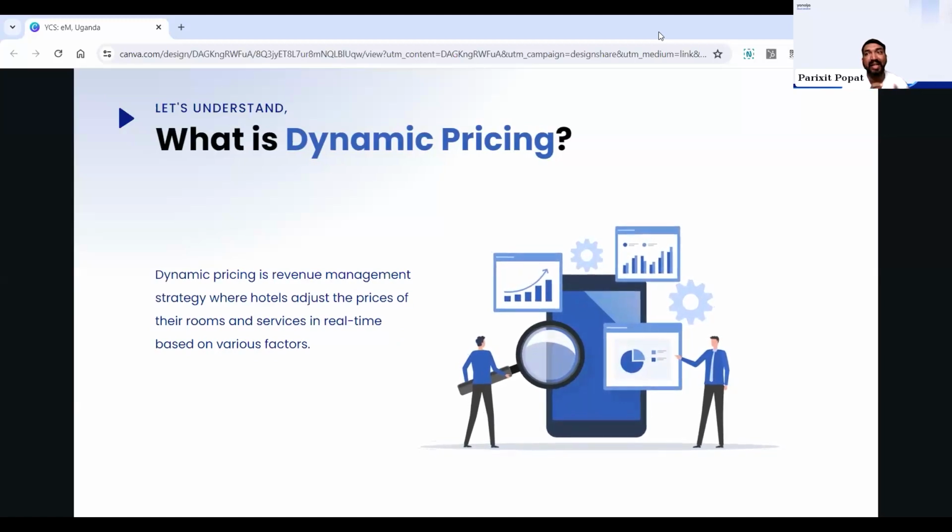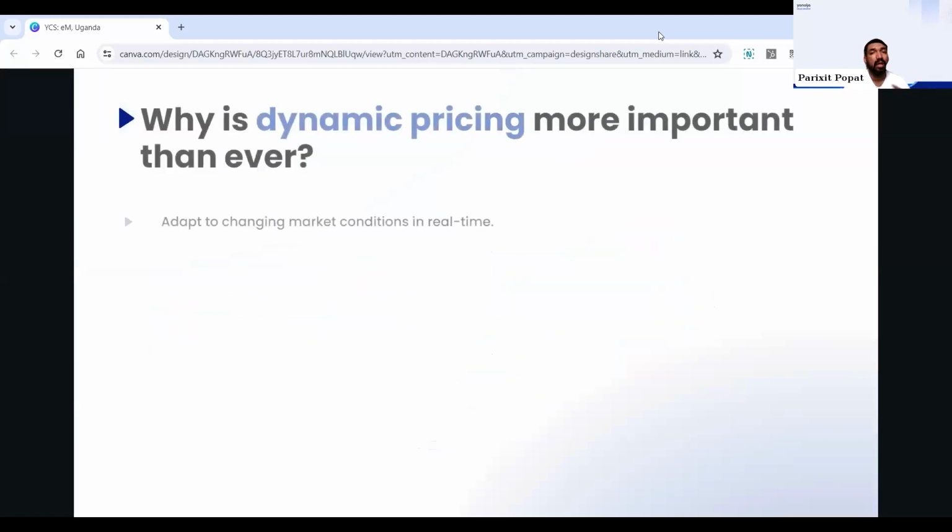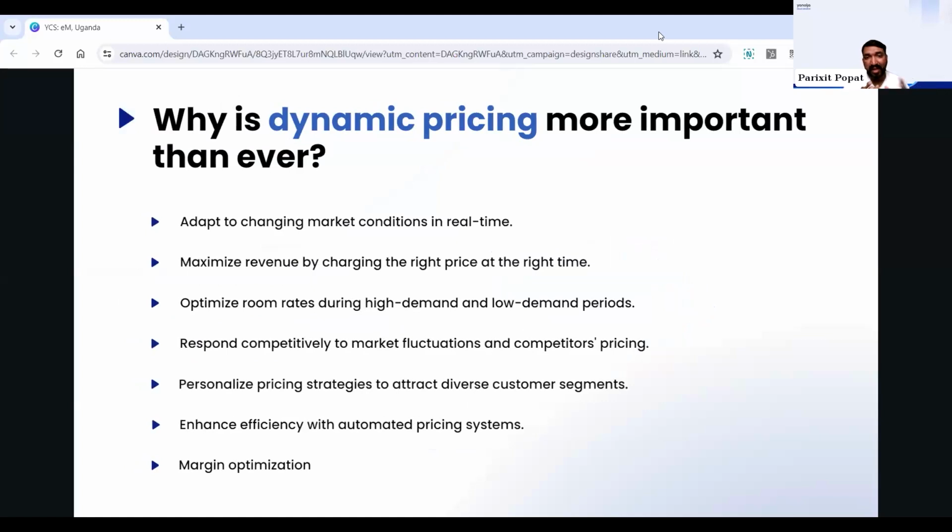Now, I mentioned dynamic pricing. Let us understand dynamic pricing a bit in detail. Dynamic pricing is a revenue management strategy where hoteliers adjust the pricing in a real-time scenario based on various factors. With all these real-time scenarios, you will not be able to prioritize that I want to increase price only because of my occupancy.